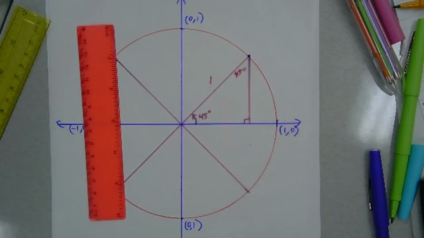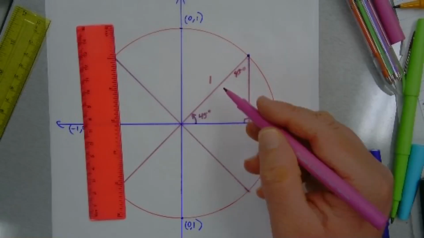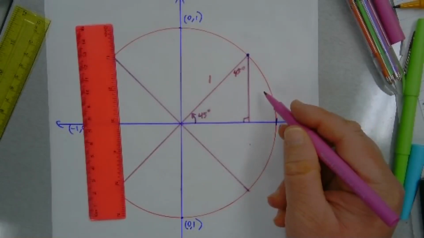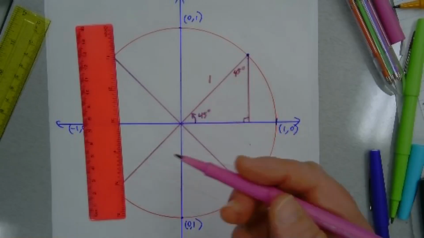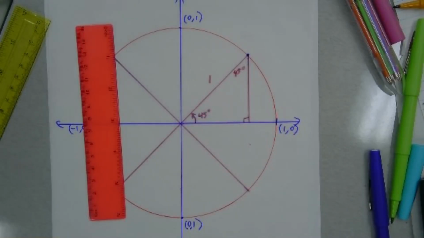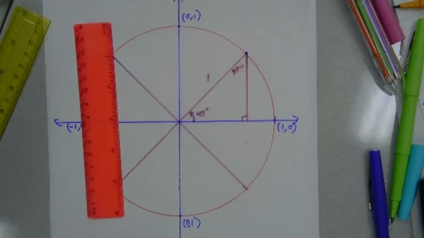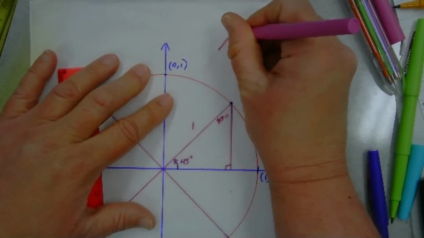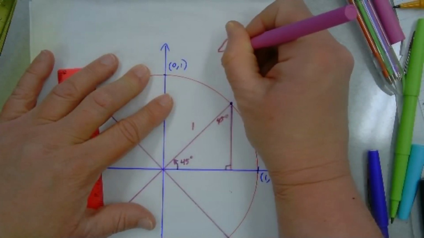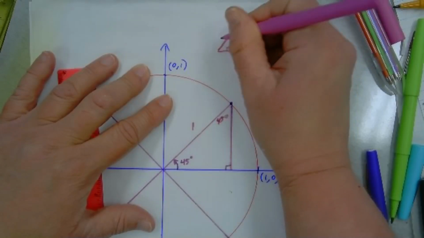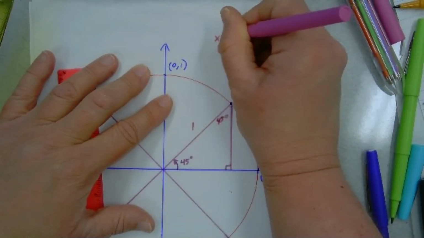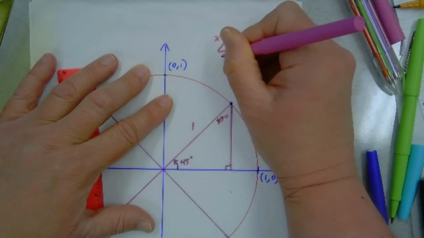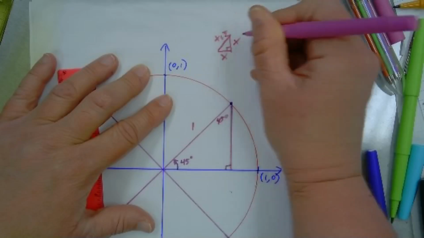So now I can set up an equation to find this length and this length based off of knowing the hypotenuse. Thinking back to special right triangles, what I know is that if I have a 45, 45, 90 right triangle, I have x root 2, x and x.